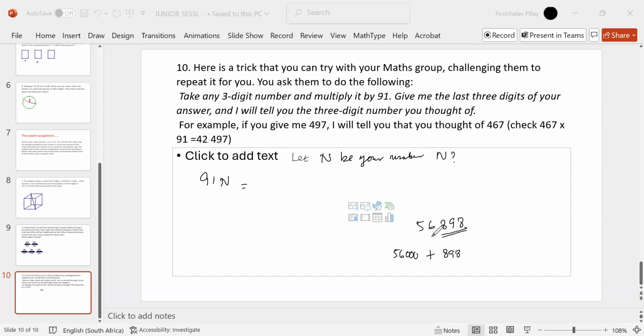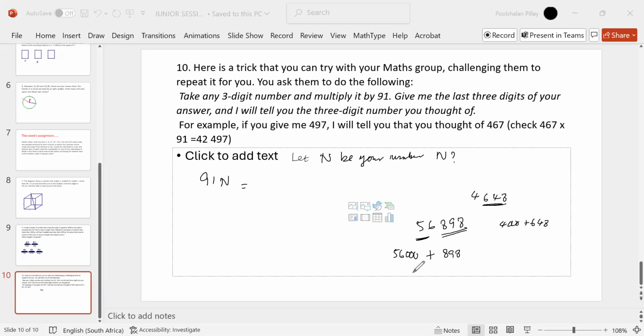Right? The rest is a number multiplied by 1,000. If I add something else, 4648, the last three digits is 648, and the rest is 4,000.